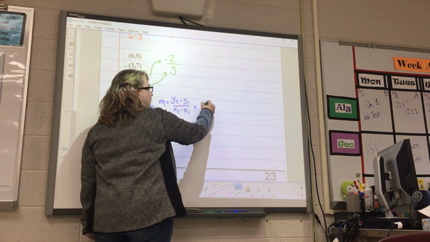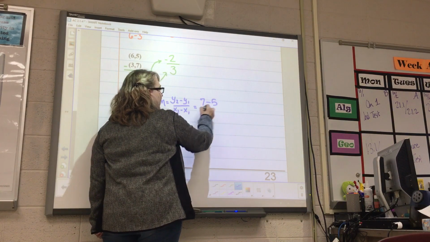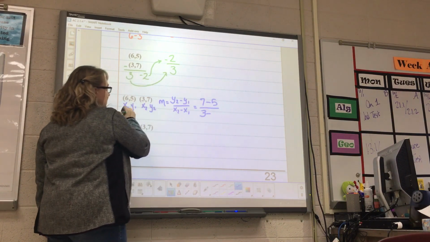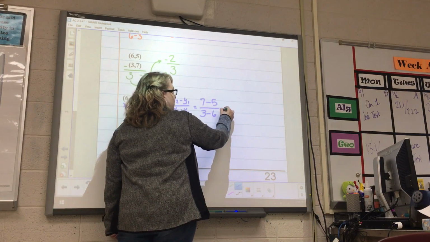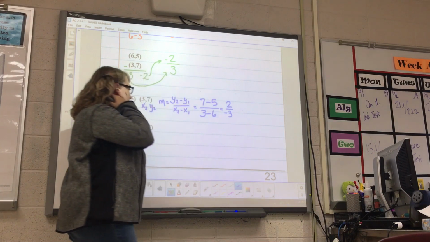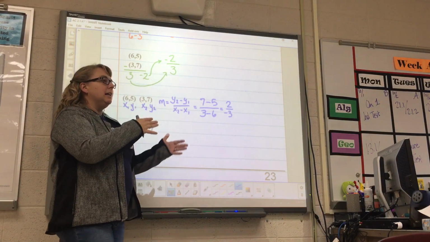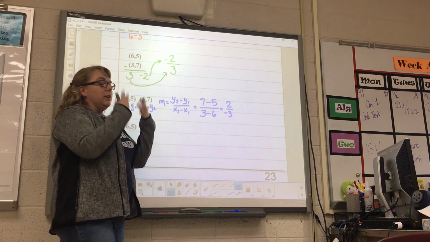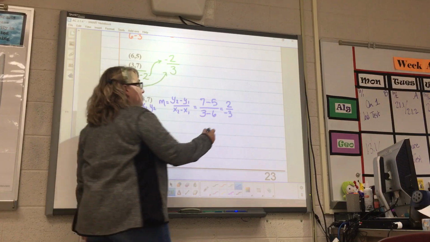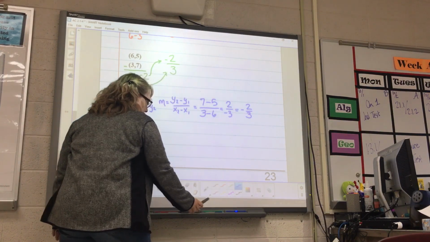So y2 is 7 minus y1 is 5, divided by x2, which is 3, minus x1 is 6. 7 minus 5 is 2, 3 minus 6 is negative 3. And remember, it doesn't matter if you write the negative out in front of the fraction or in front of the numerator. I even said you could put it in the bottom, but we don't normally do that. So I'm going to put it out in front: negative 2/3.